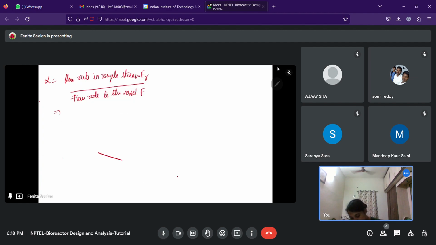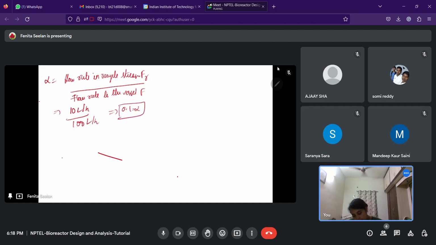So 10 liter per hour divided by the flow rate of 100 liter per hour is equal to 0.1. So alpha is equal to 0.1.